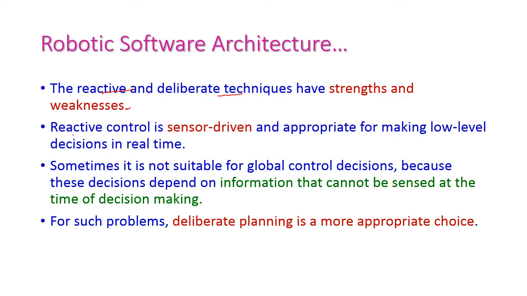First, let us see the reactive control. The reactive control is sensor driven. A sensor is a device which is used to perceive the environment. So it is sensor driven and it is suitable for making low level decisions in real time. Currently it will perceive the environment, and accordingly it will take some decisions. So these are low level decisions. But when it comes to global level decisions, this is not suitable.